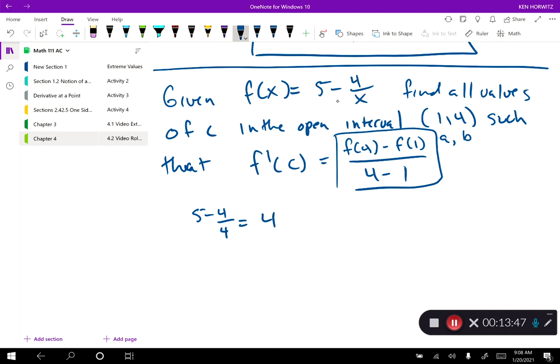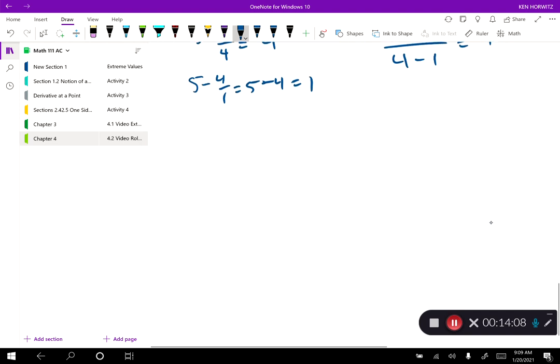Minus f of 1. If I plug in 1 for x, I get 5 minus 4 over 1, which is 5 minus 4, which equals 1. So that's 4 minus 1 is 3 over 4 minus 1, so that equals actually 1. So my slope equals 1.